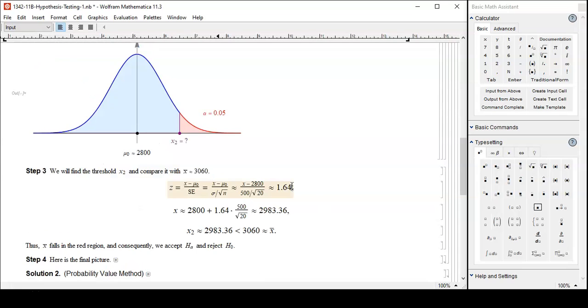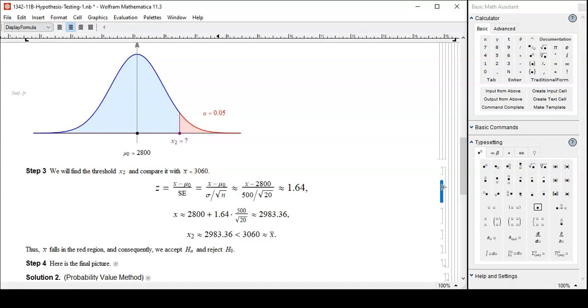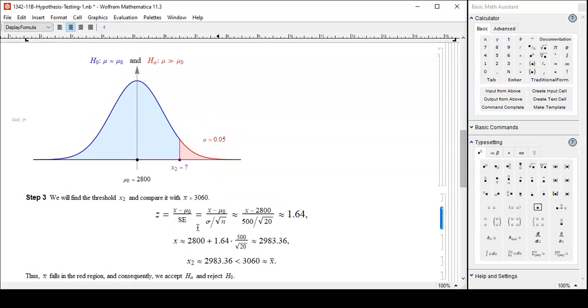The Z-score computation, X bar minus center over SE, which is X minus 2800 over sigma over square root of n, 500 over square root of 20, is equal to the Z-score associated to this 5% here, 95% there.